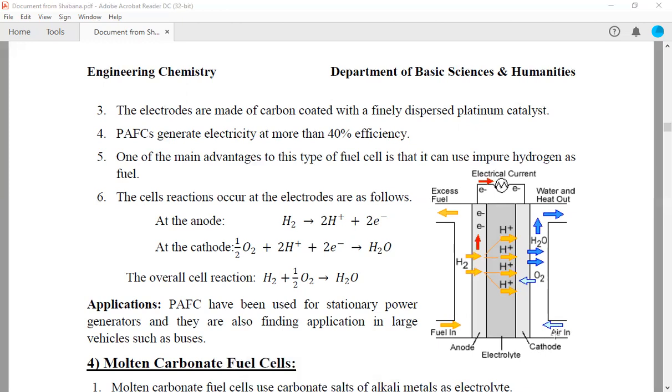In air, oxygen and so many gases are there. But exclusively near the anode, the hydrogen gas is taken. So this is about the construction of the fuel cell.